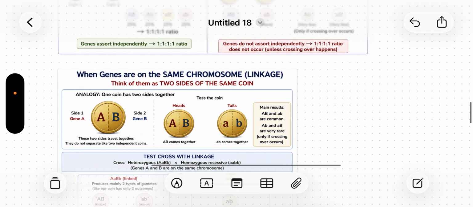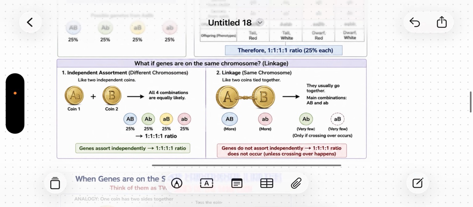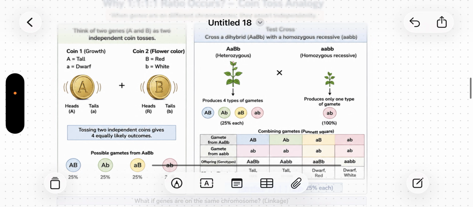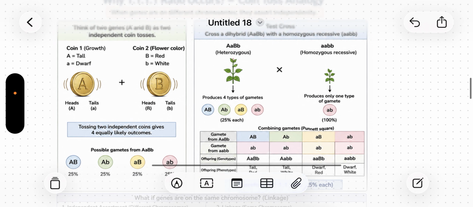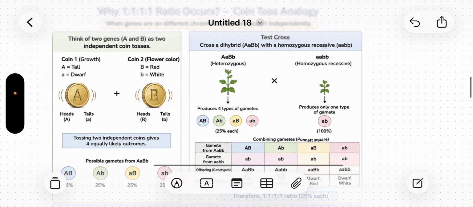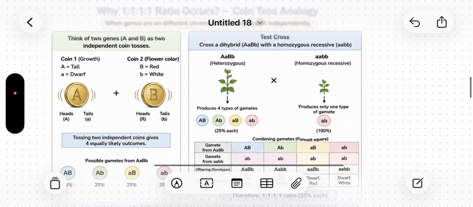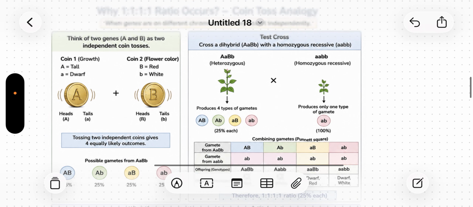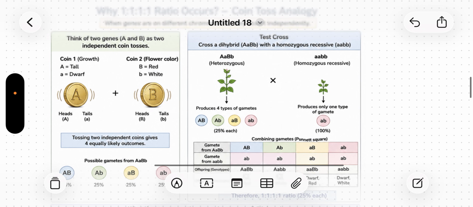Okay, the next one is a condition where, just imagine, these alleles are not present on different chromosomes. Suppose they are present on the same chromosome. This type of 1:1:1:1 ratio of phenotypes is possible when these genes or alleles are present on different chromosomes, like we have two coins over here.